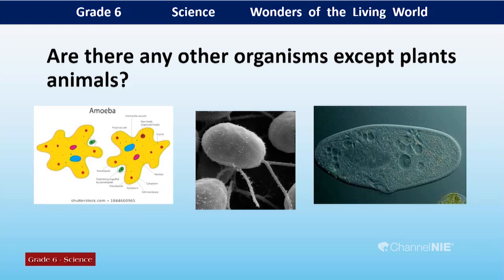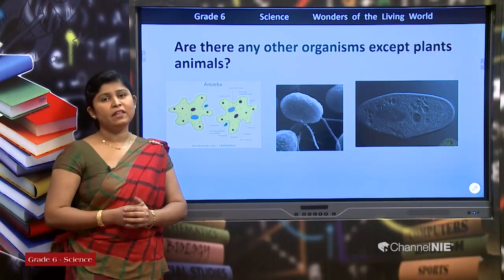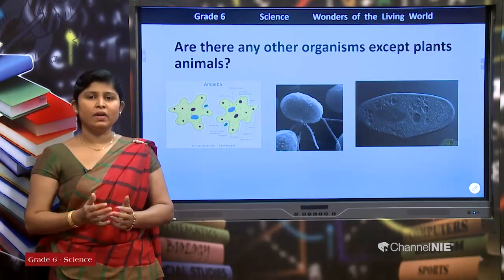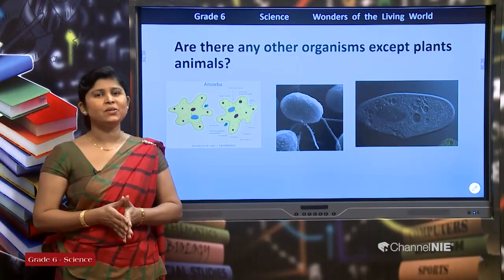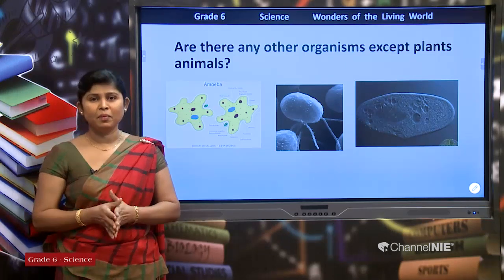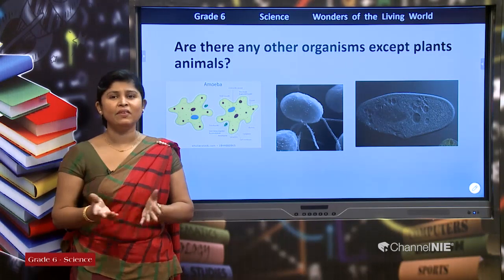So, we call them microorganisms. The word micro means very small. So, these organisms are known as microorganisms. Our environment consists of plants, animals. In addition to plants and animals, there are microorganisms also living in our environment, but we can't see them.